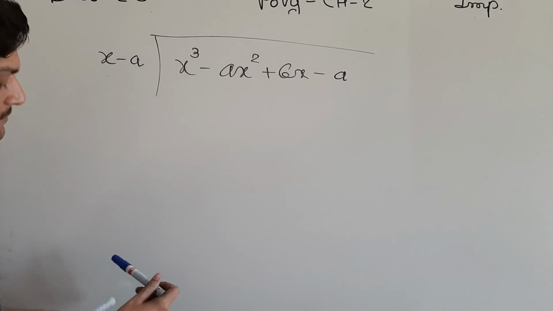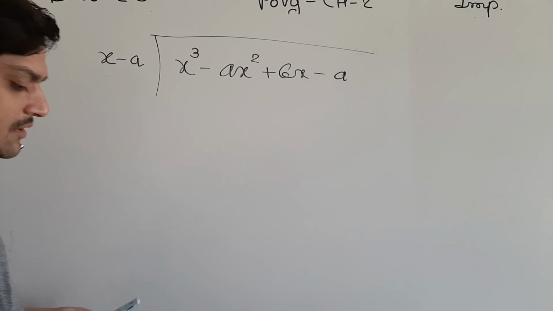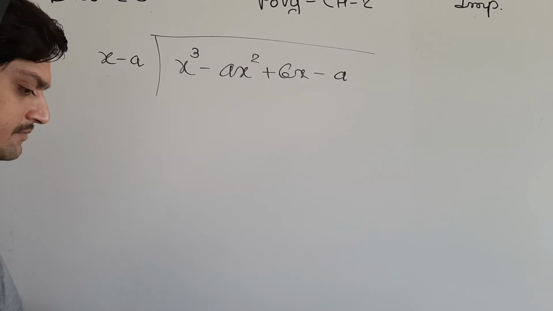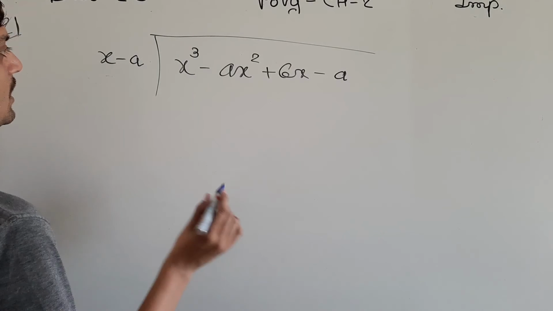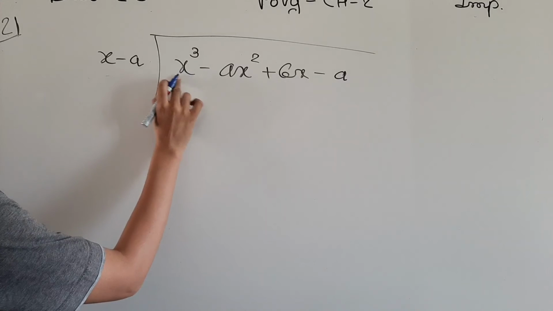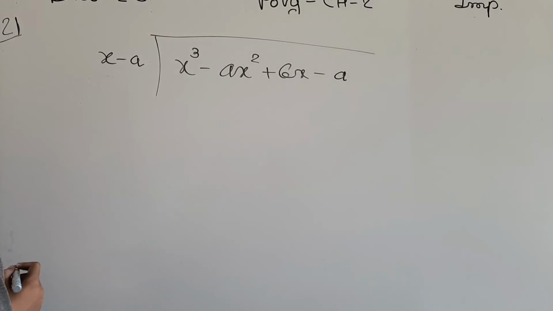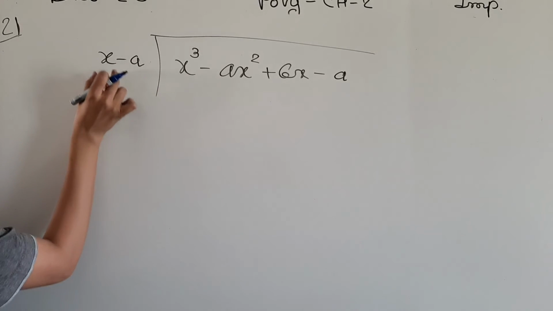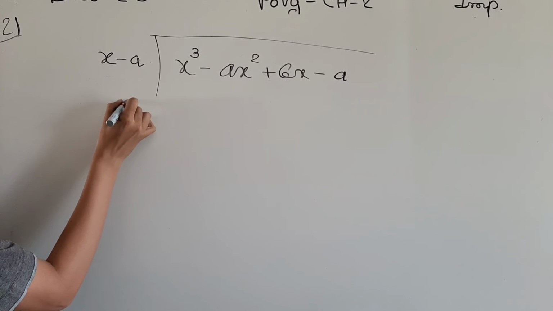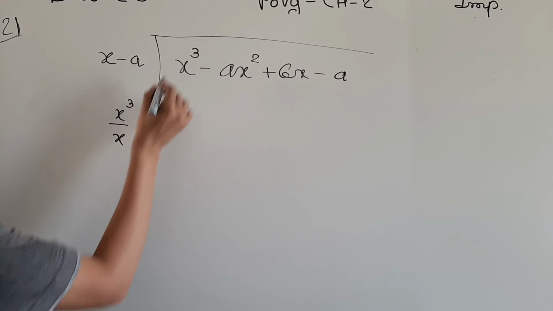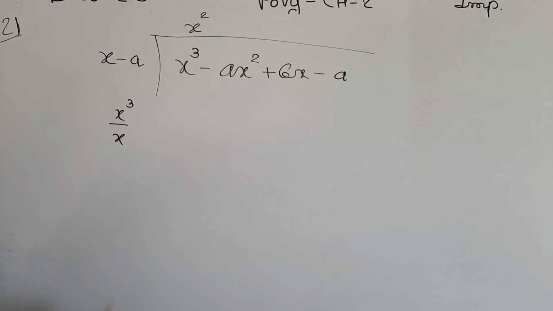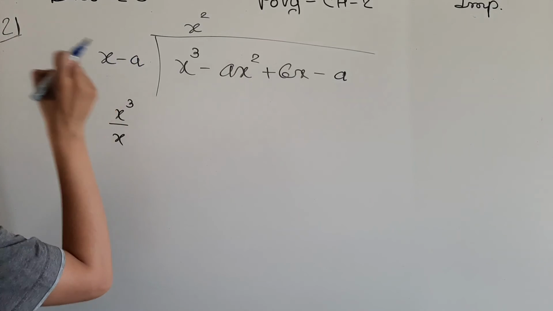First of all, this is the long division method. The first term of p of x we divide by the first term of g of x. x cube upon x, what will remain? x square only, so we write x square here.